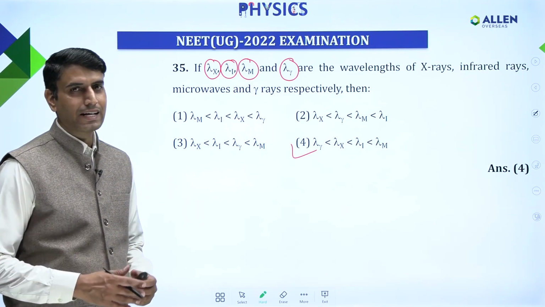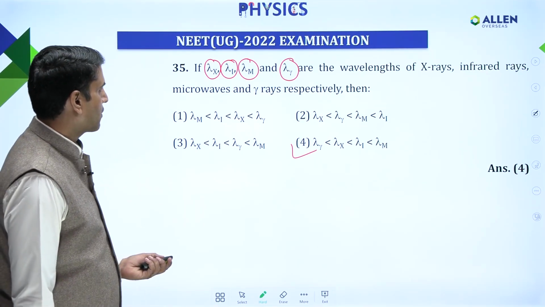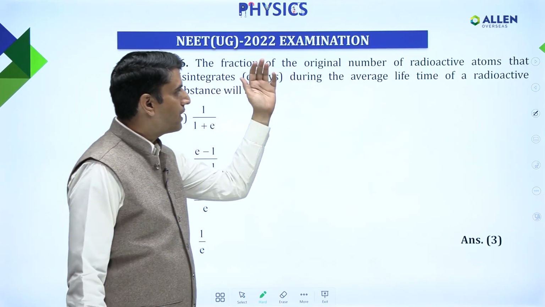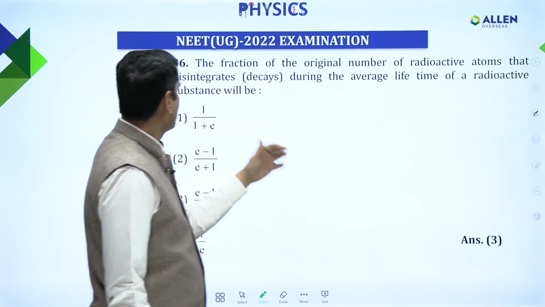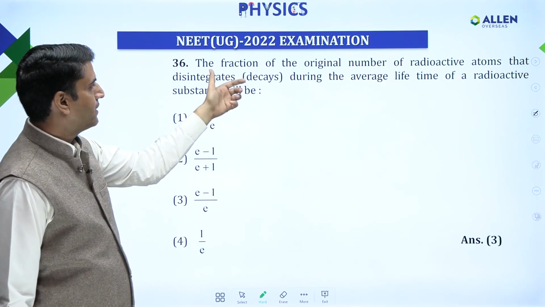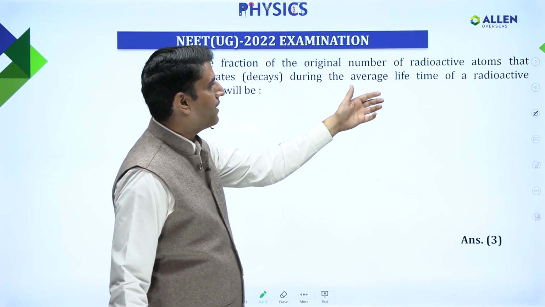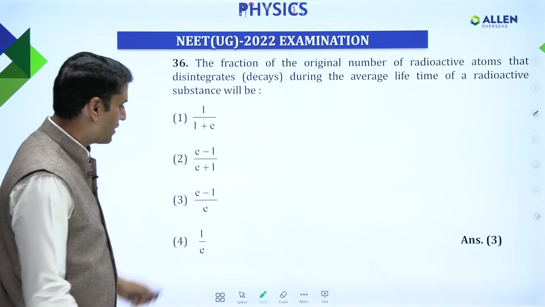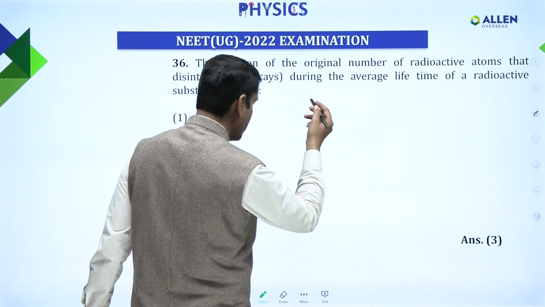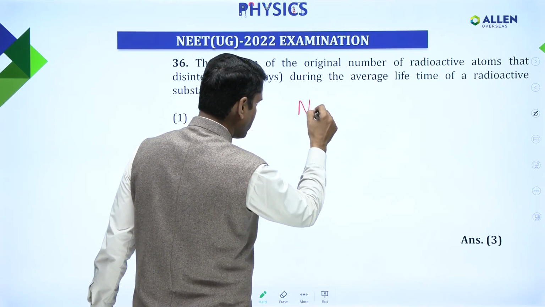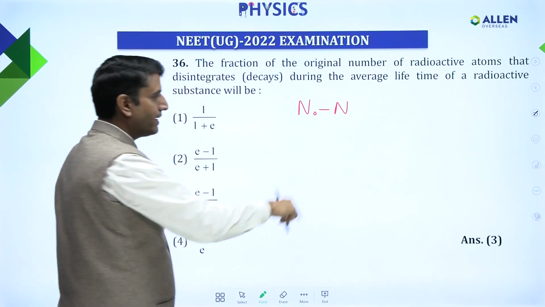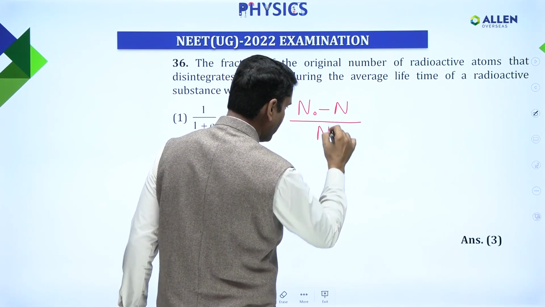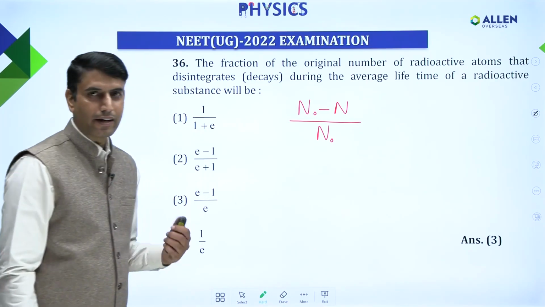Now let us take our next question, question number 36. The fraction of the original number of radioactive atoms that disintegrates, decays during the average lifetime of a radioactive substance will be. It means in this question we have to find this ratio: N naught minus N decayed radioactive atoms divided by the initial number of radioactive atoms.